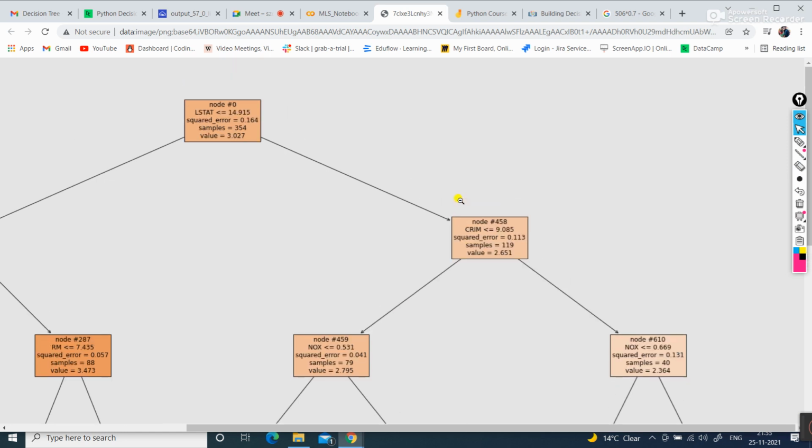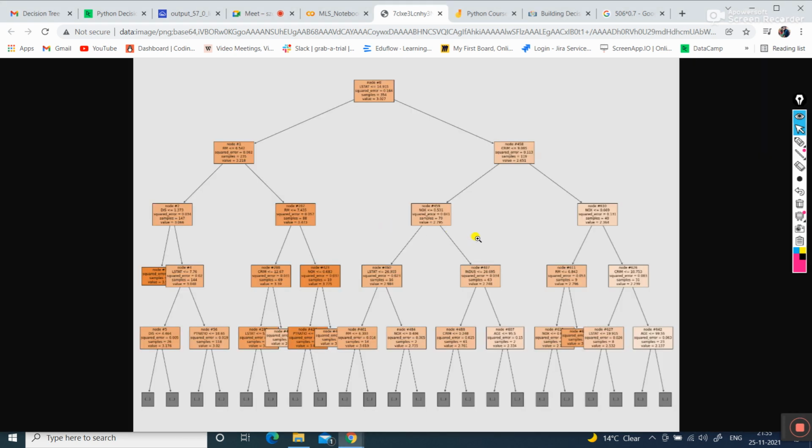Okay, that makes sense. Anything over 14.9 goes to the right side, and anything under 14.9 goes to the left. Then we go into node number 1, and now it's going to divide further.